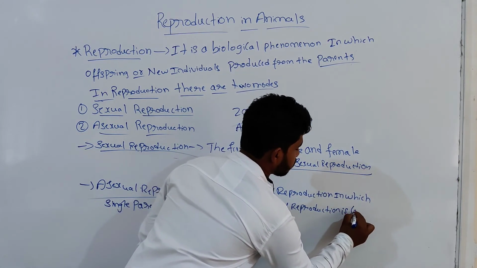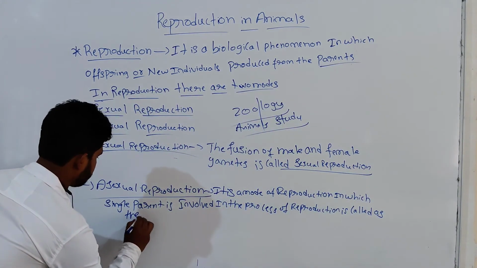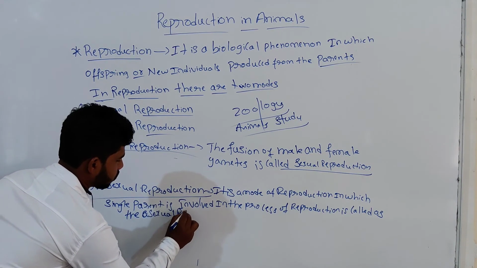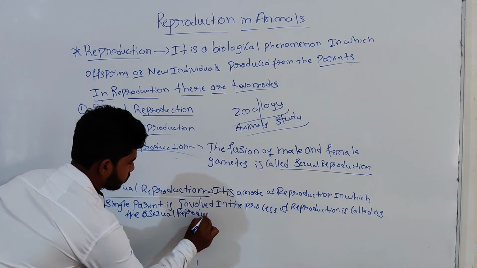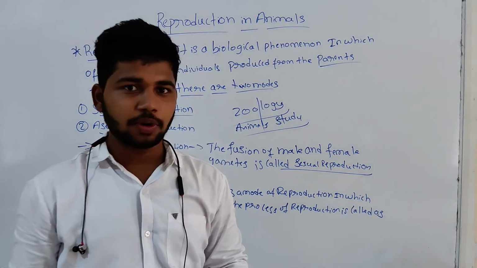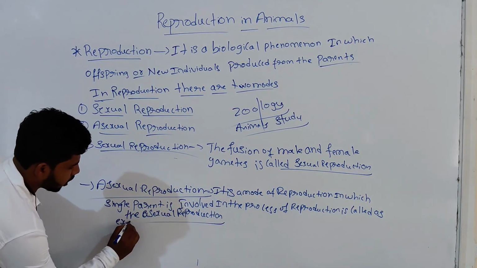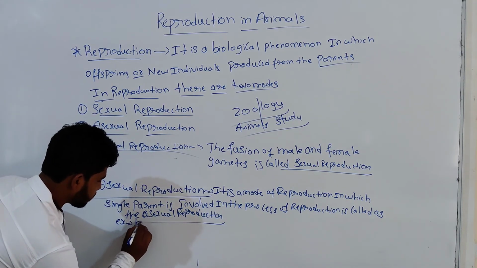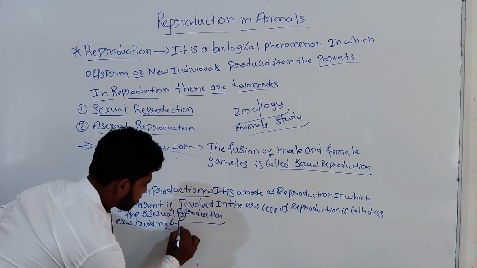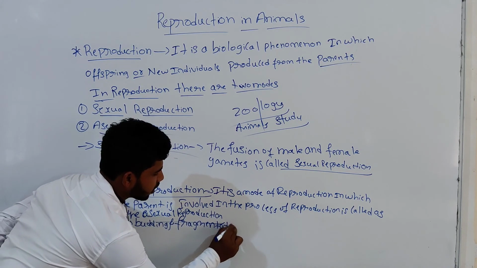It is called asexual reproduction. Examples of asexual reproduction are budding and fragmentation.